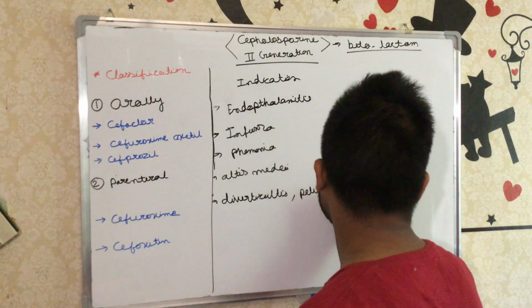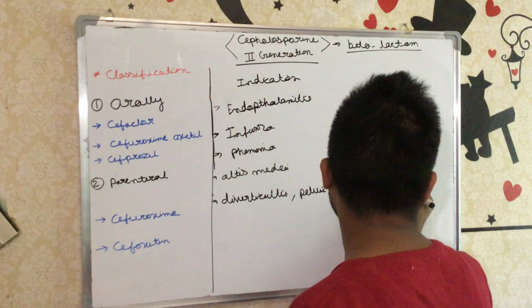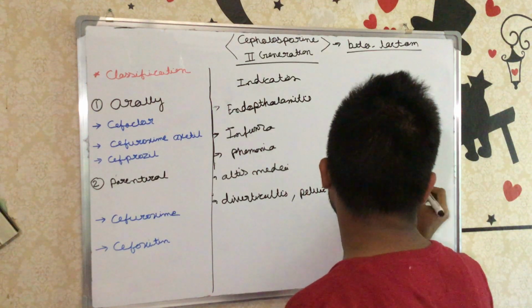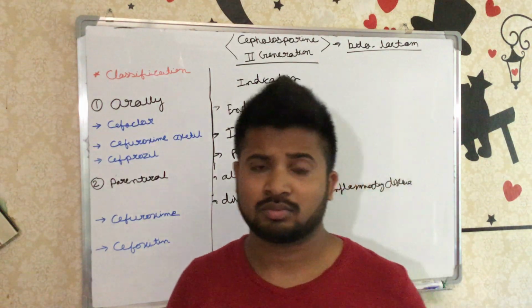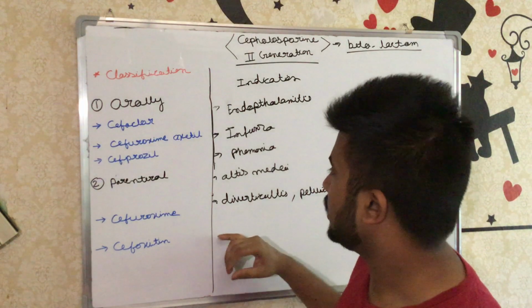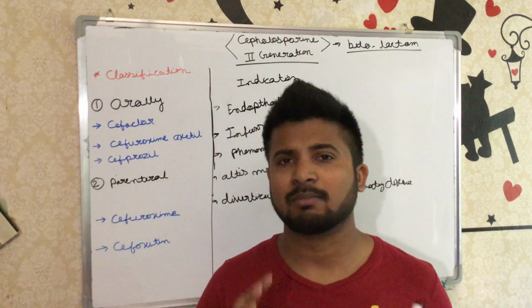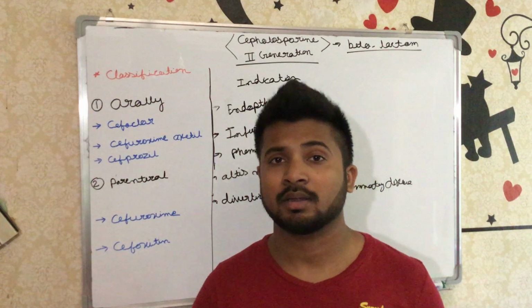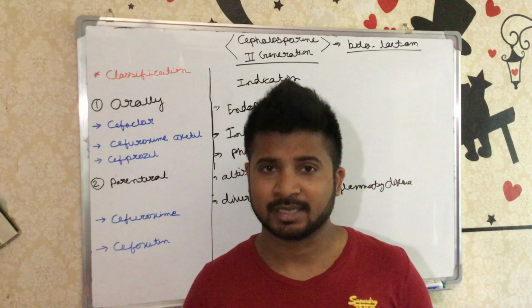These are the common indications, or we can say drugs of choice. If you know the susceptibility of the bacteria, which bacteria are more sensitive to second-generation cephalosporins, you can obviously work out the main indications.